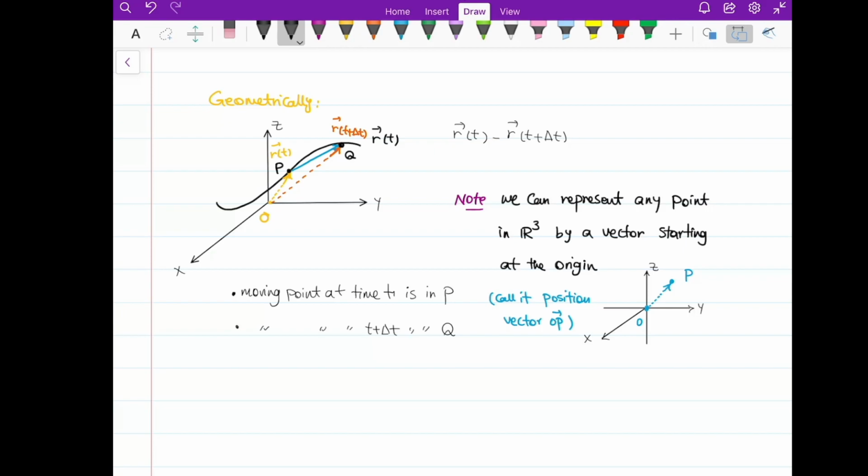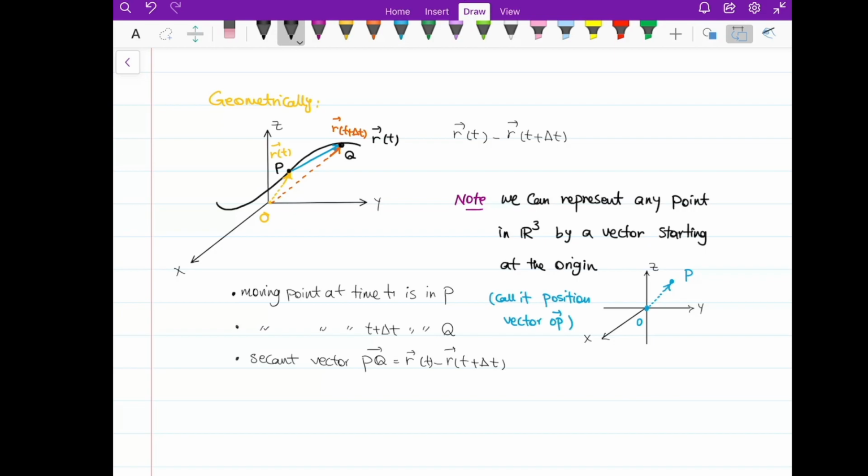And then I'm gonna say that the secant vector PQ would be r(t plus delta t) minus r(t).